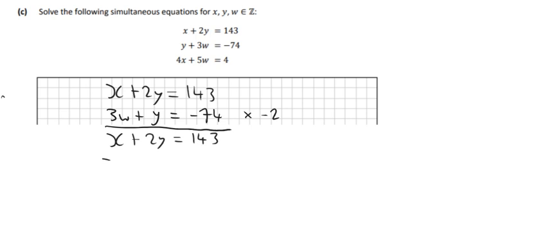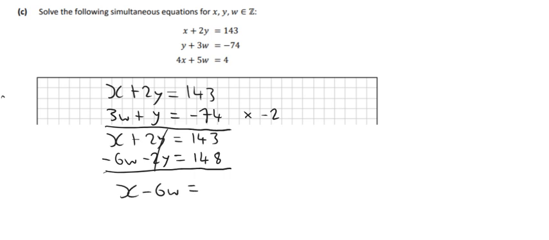The bottom equation we get minus 6w minus 2y is equal to 148. So like we wanted, we've 2y and minus 2y in the middle, so they'll cancel out. So then I'm just left with x minus 6w is equal to the two of those added, so that gives us 291.